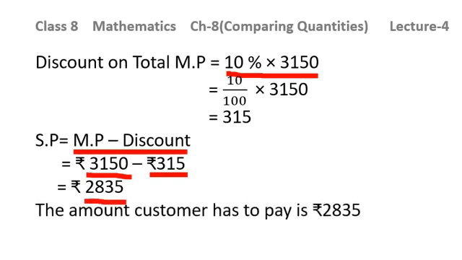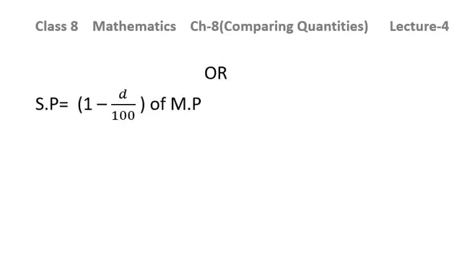So the amount the customer has to pay is rupees 2835. Or you can use this formula also, because I told you that if discount is given in percentage, then you can use this formula to find SP. Simply put the value of discount percent and MP in this formula, and you will directly get SP, that is selling price.